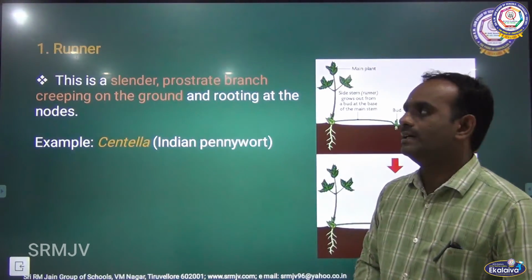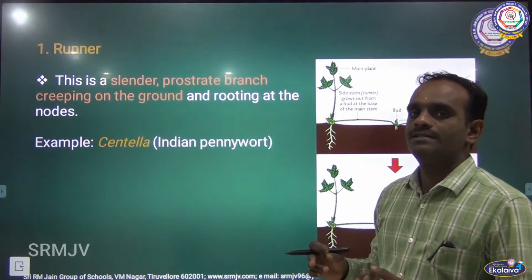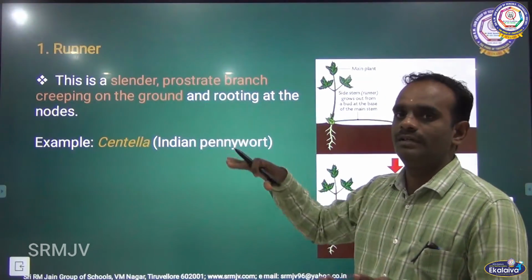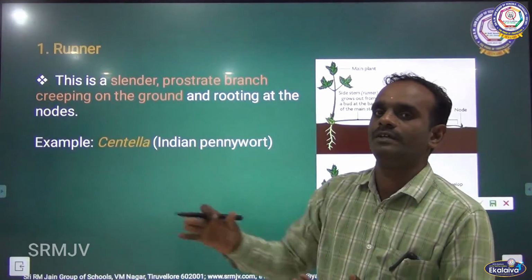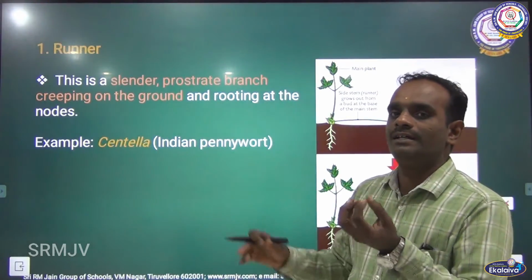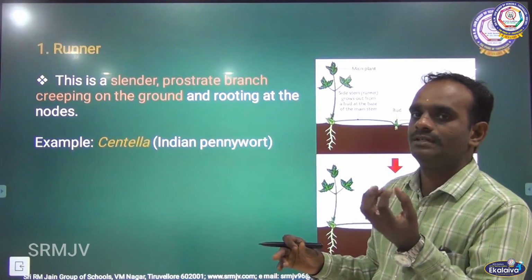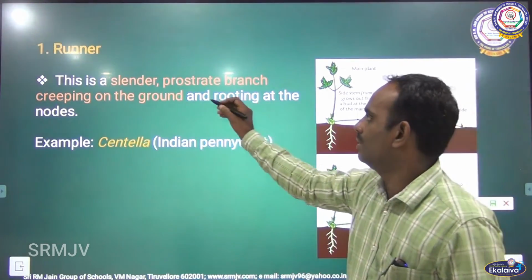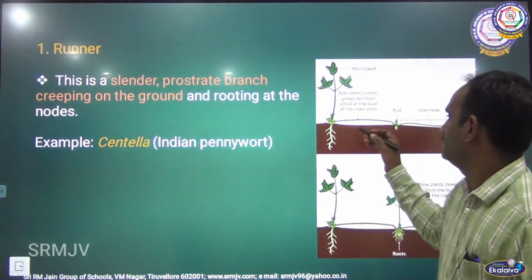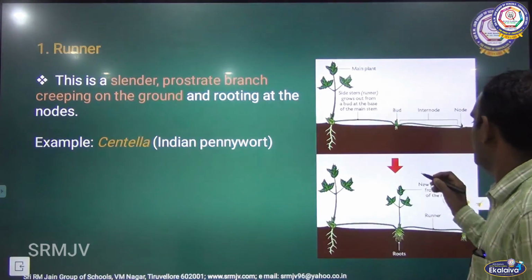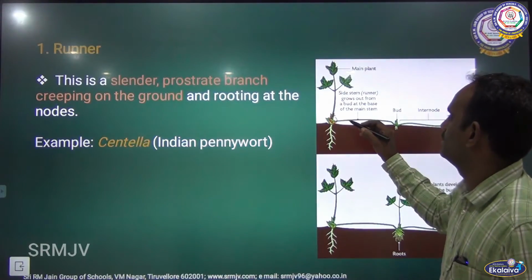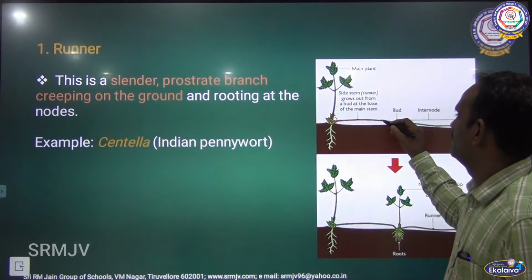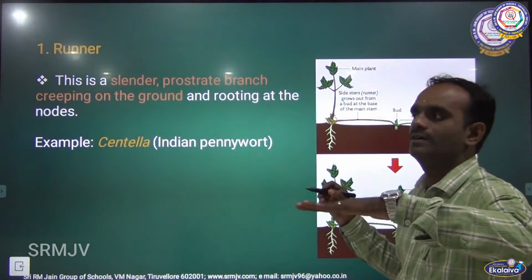The runner is a slender prostrate branch creeping on the ground. Creeping on the ground means it grows on the surface of the ground, and each node possesses a root. See the picture here. This is the plant, and this plant has branches creeping on the surface of the ground.